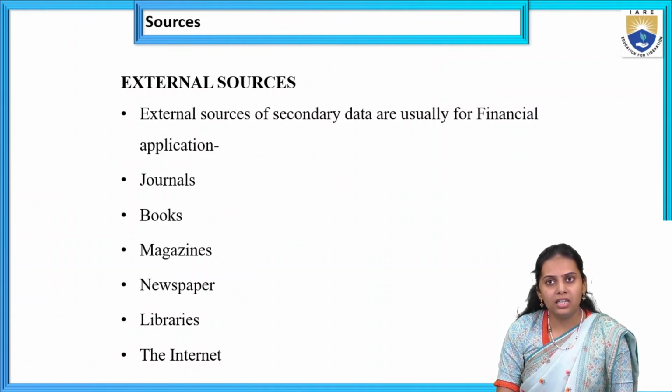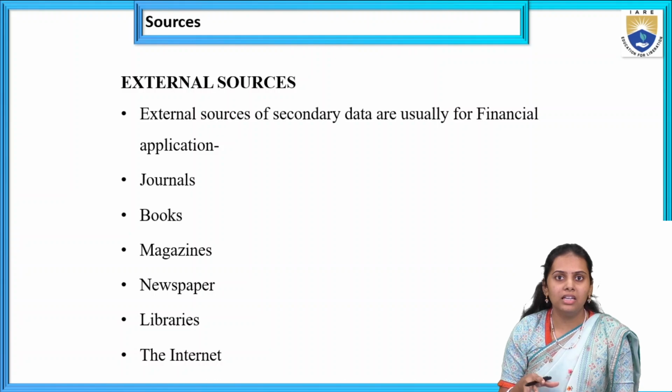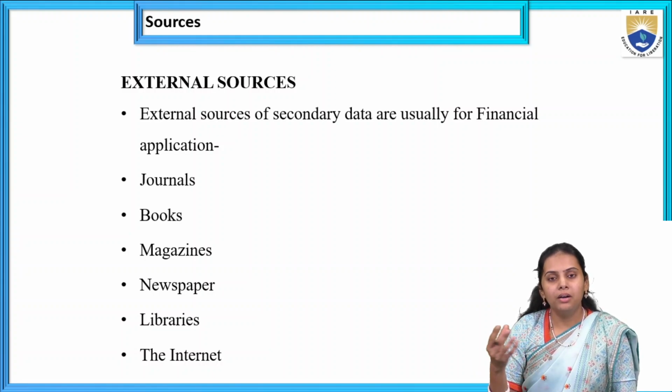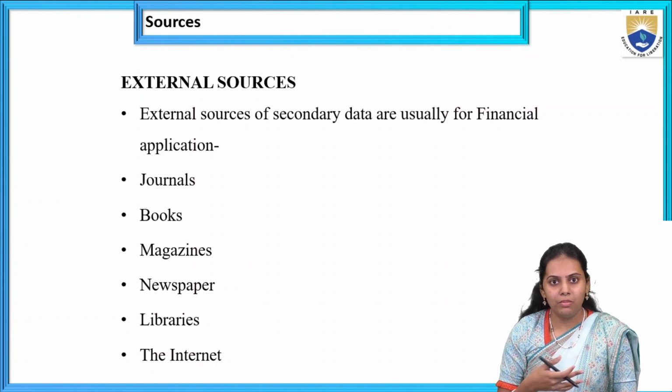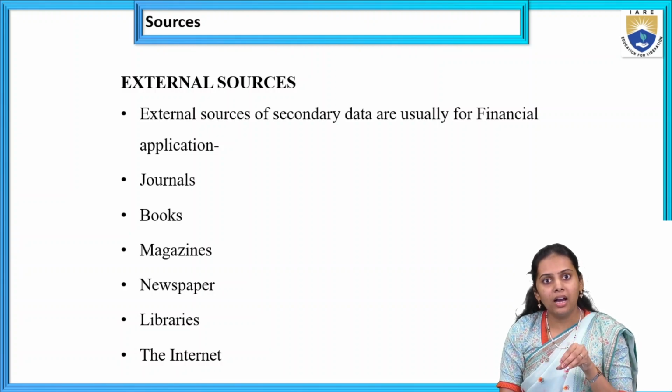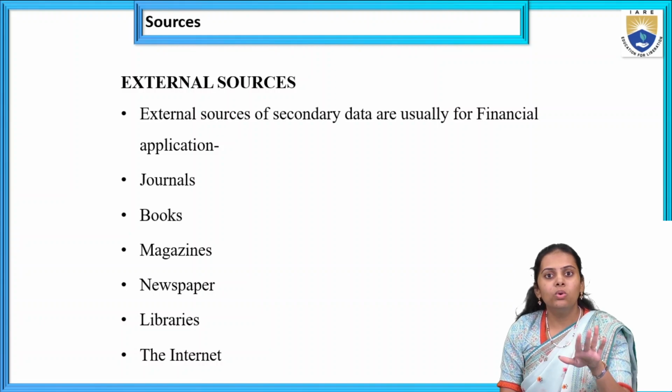External sources of secondary data are usually for financial applications like journals or books or magazines or newspapers or a few libraries. Nowadays the internet became a vast source for any reader or researcher. But again, here the target has to be picked, and what is relevant is more valid.